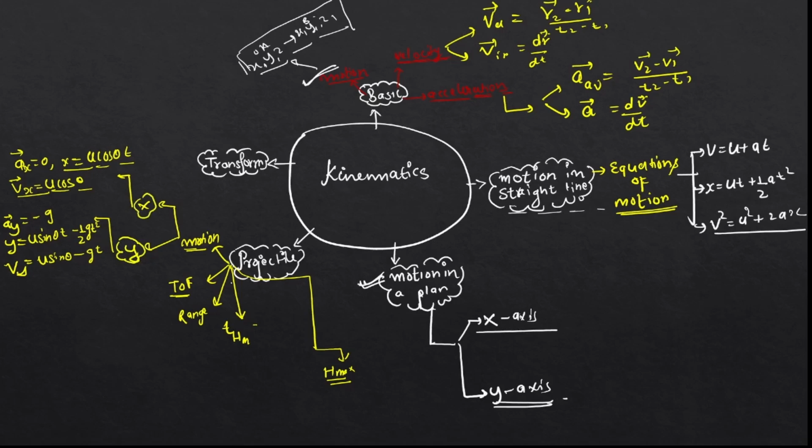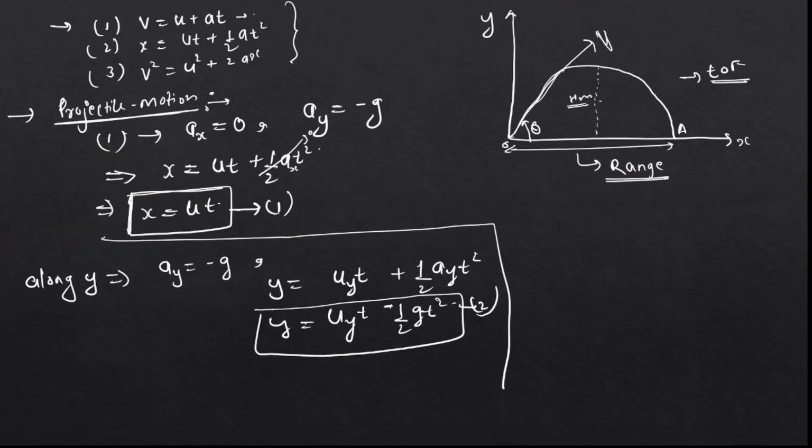right? Then we found the time of flight. What was the time of flight? T. That was 2u sine theta upon g. And what was the range? Range was, let's say, d. That was what? Let me check.